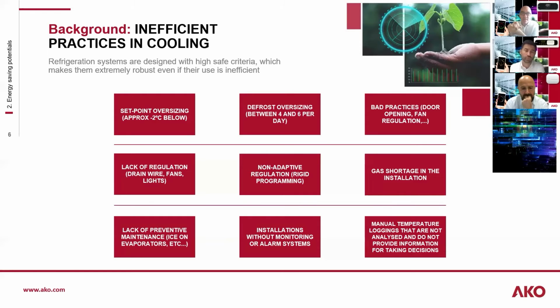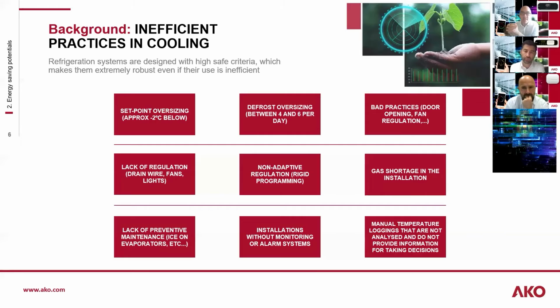Also, we can have a lack of regulation in the draining wirings, in the fans, in the lights, which of course is not helping, or even the fact that you don't have flexible programming in the controllers and don't have an adaptive regulation is also bringing inefficiency. Of course, as we have seen, the gas leakage in the installation will also affect this.